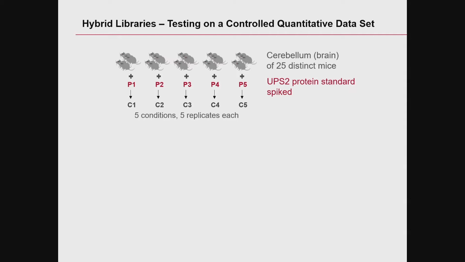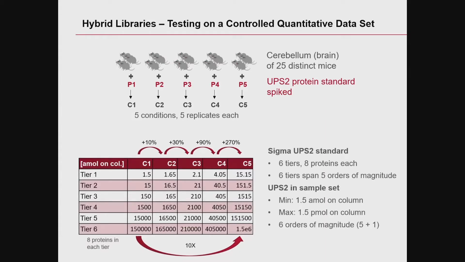Not many of you are probably familiar with this standard. It's proteins in defined quantities in different abundance ranges. I show this actually here. And we chose some scheme to spike in this UPS2 standard across the 5 conditions. You can also see how much in absolute attomoles on column per peptide you would get for each tier of protein. So there are 6 tiers of proteins, 8 proteins each.